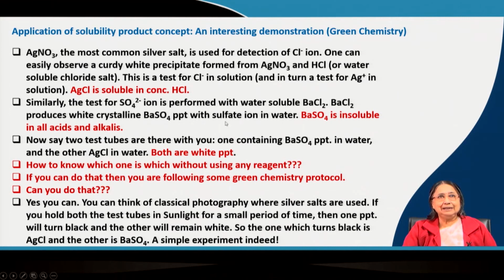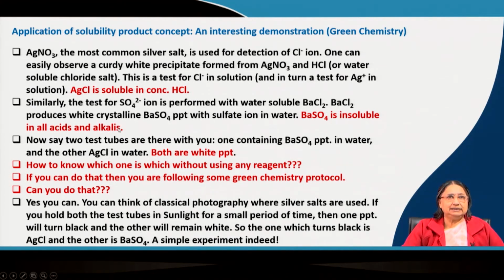But the property is different. Here both are white precipitates, silver chloride and barium sulphate. But silver chloride is a curdy white precipitate which sticks to the surface of the test tube, but barium sulphate is a crystalline precipitate which you can see. Now, barium sulphate is insoluble in all acids and alkalis.